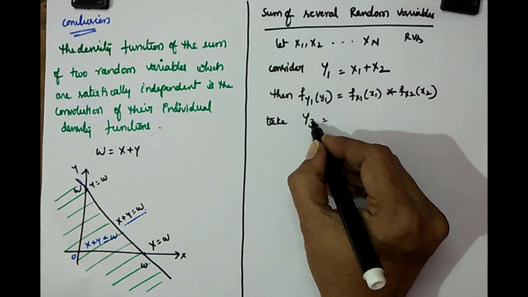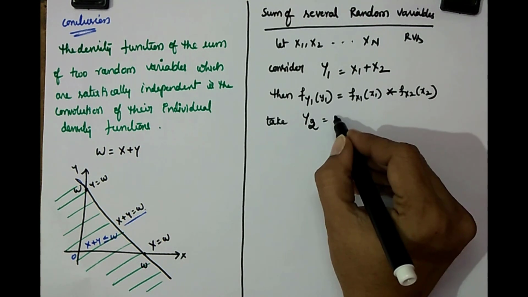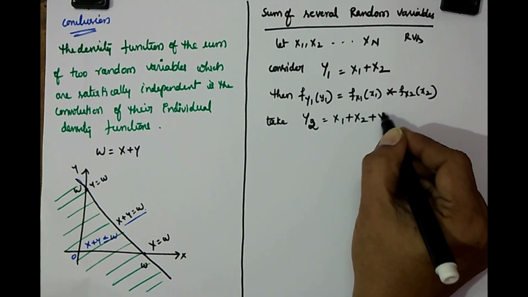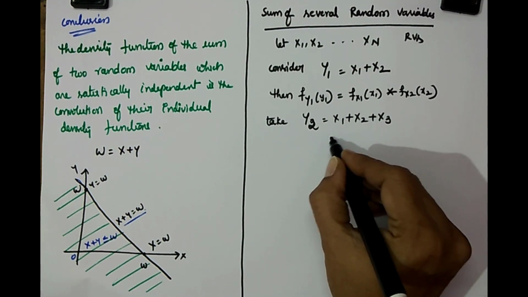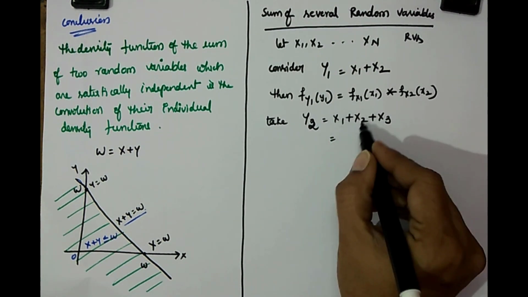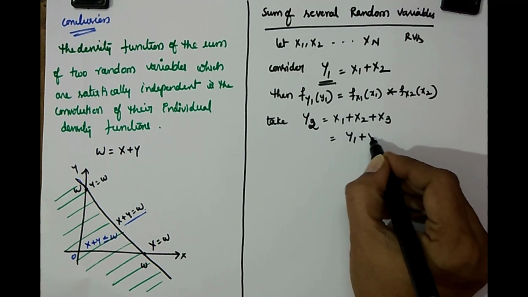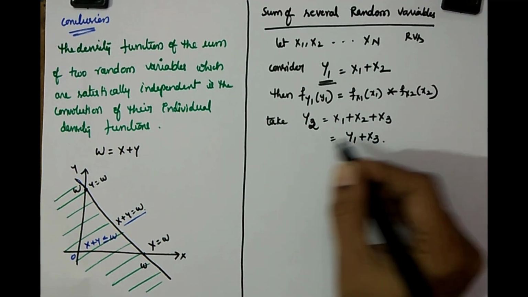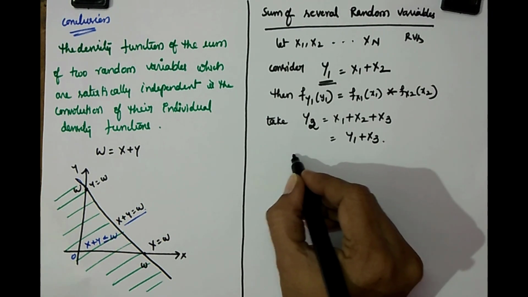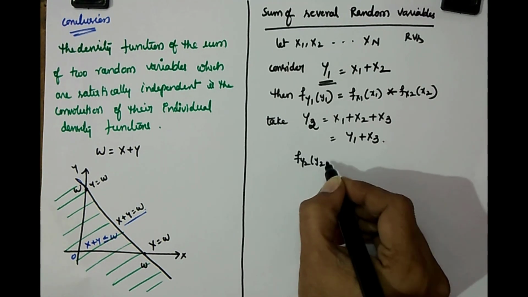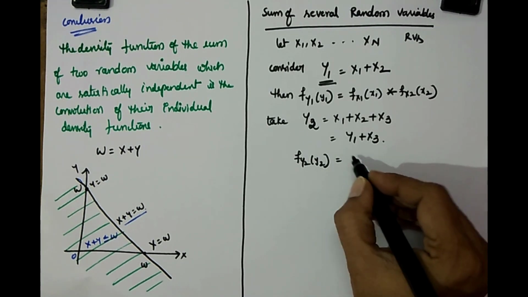Now take another sum y2, that is x1 plus x2 plus x3. Now you can write x1 plus x2 as y1, so it is y1 plus x3. Now what is fy2 of y2, the density function of your y2?